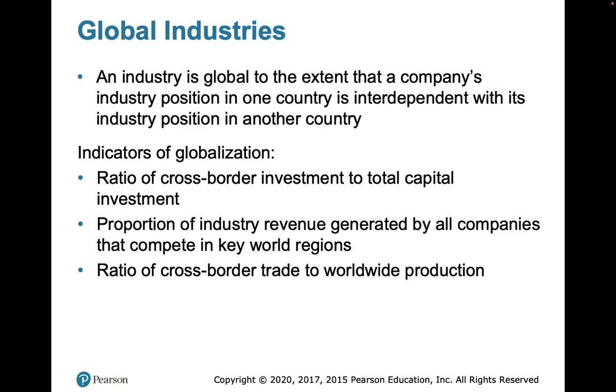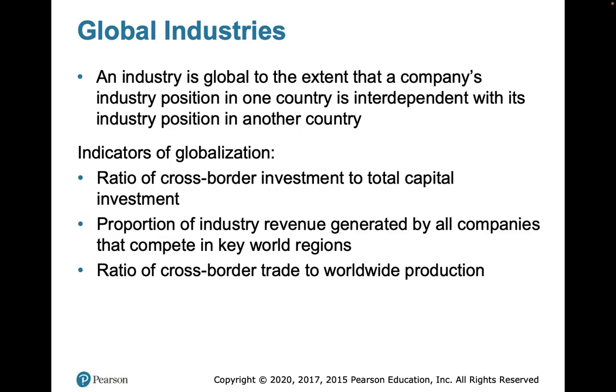Global industries: an industry is global to the extent that a company's industry position in one country is interdependent with its industry position in another country. These days, globalization is no longer very dependent. For example, if company A is in Africa, and the same company A is in Asia, and in Europe, they operate independently.